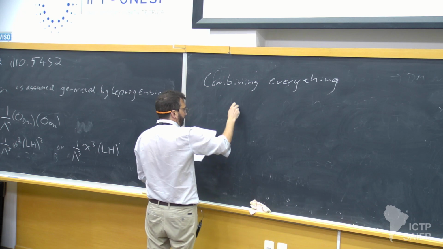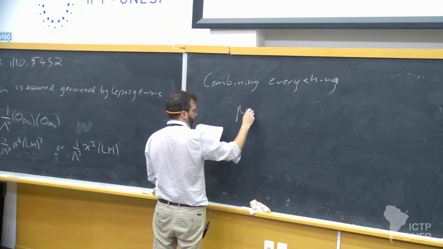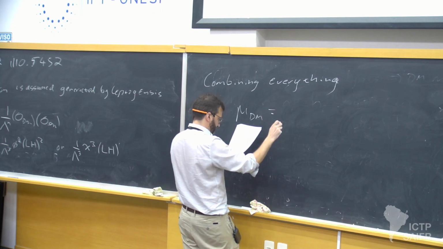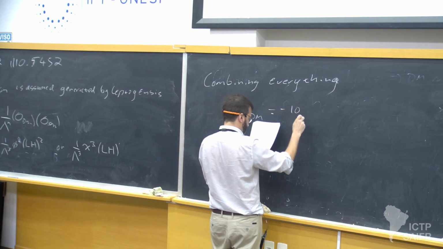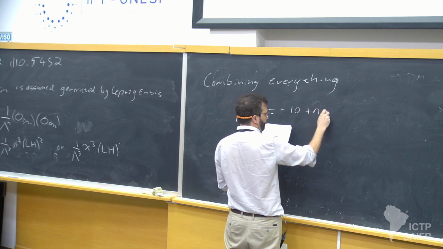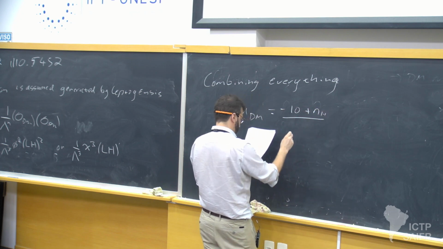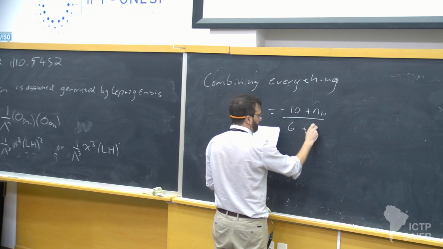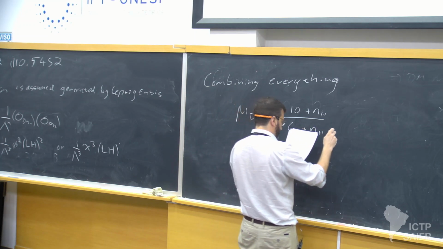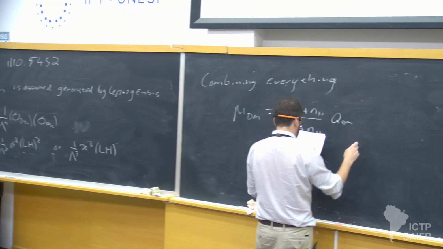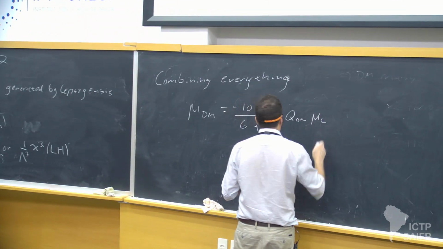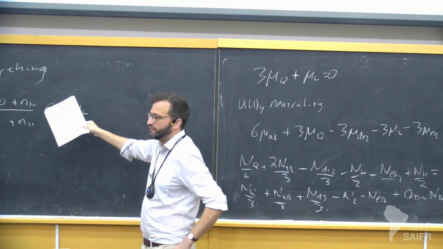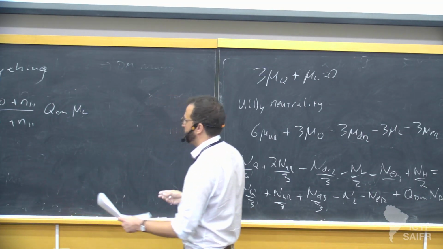One finds that the chemical potential that the dark matter attains is just minus 10 plus the number of Higgs doublets, which in the simplest case we can set to 1, times Q dark matter mu L. So it just depends on the B minus L charge of the dark matter, and everything else drops out.